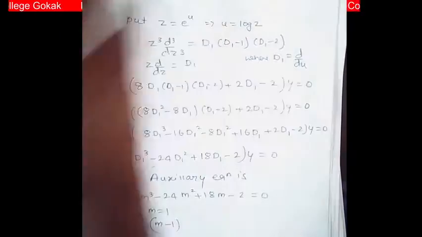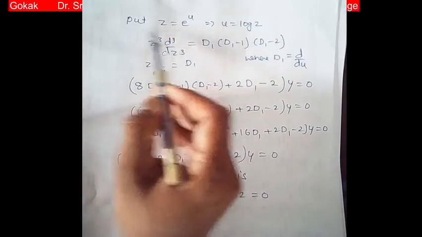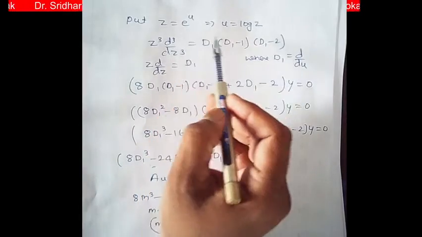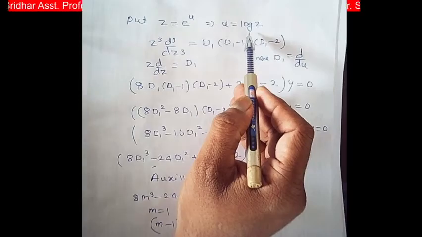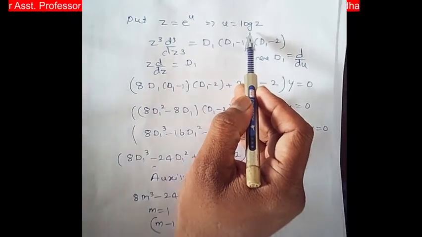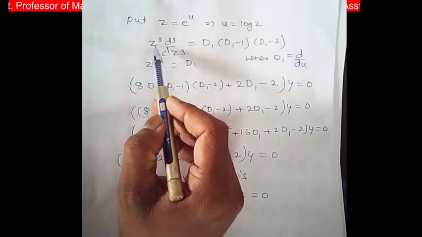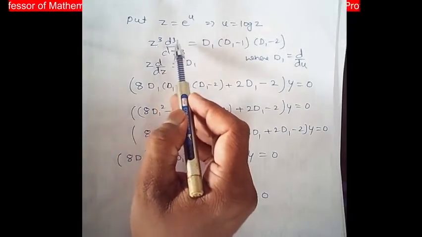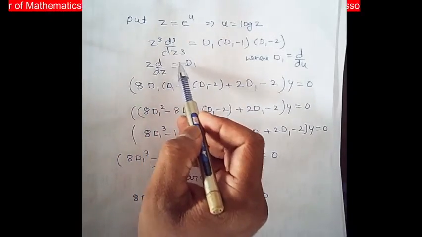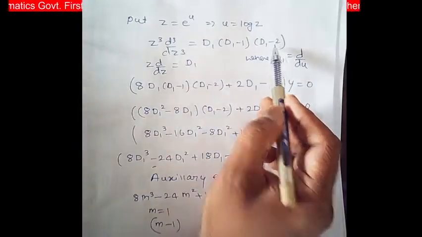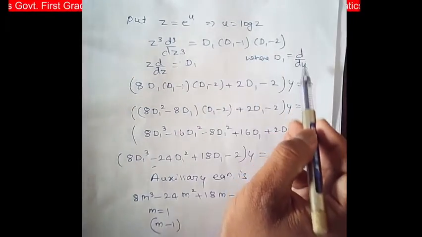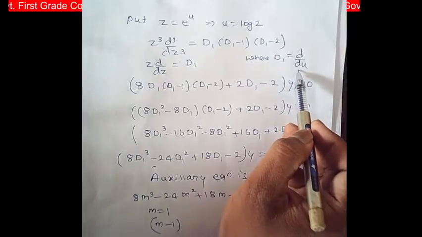So now we apply the method, that is, put z equal to e raised to u, which implies u is equal to log z. Now z cube d cube by dz cube is the same as D1 into D1 minus 1 into D1 minus 2, where D1 is differentiation with respect to u.